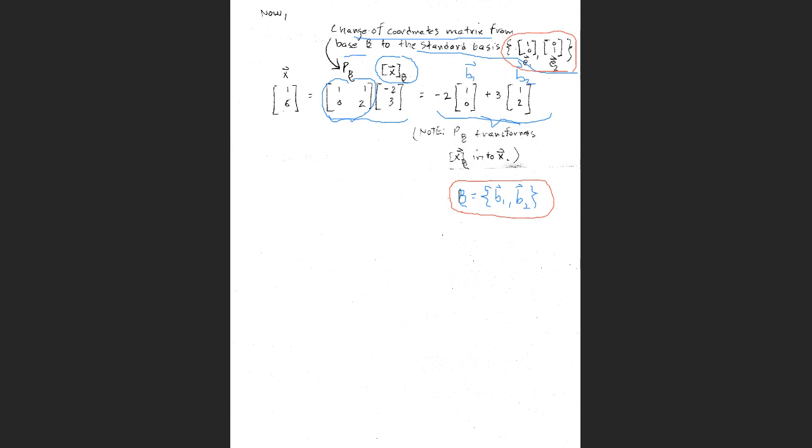So our change of coordinates matrix from basis script B to the standard basis transforms the coordinate vector into the vector x. That's what it's doing.